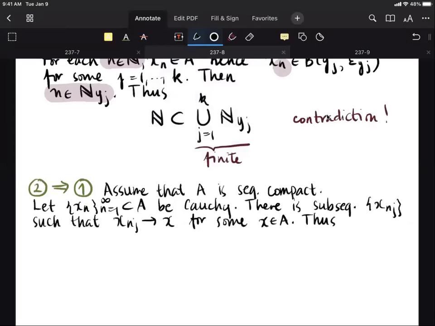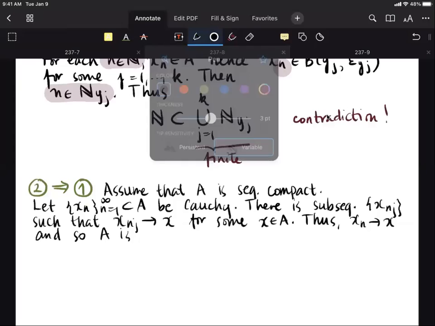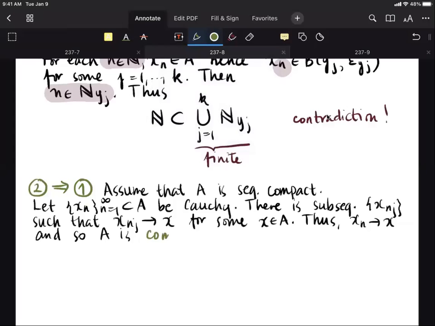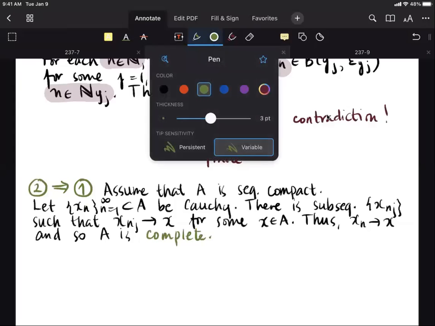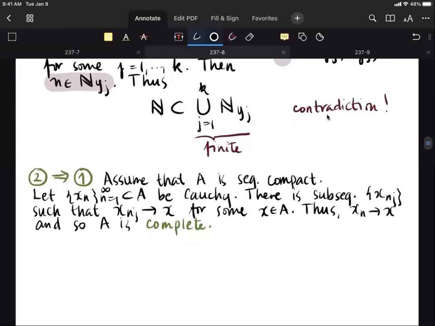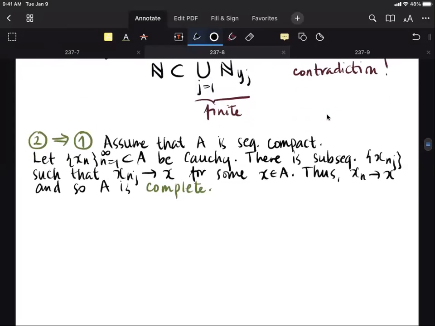We know that in the case of a metric space, the whole sequence must also converge to x. And this implies that A is complete. So that's the easy part. Of course, this should be 3.